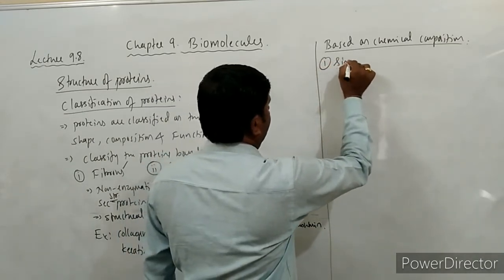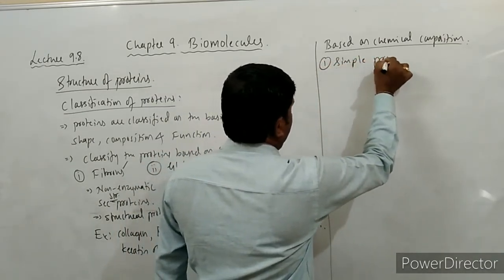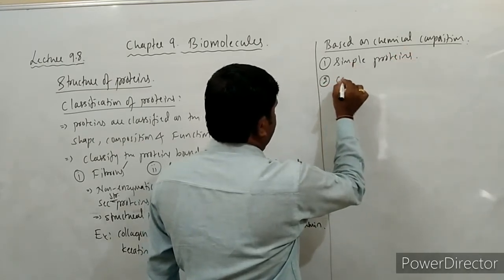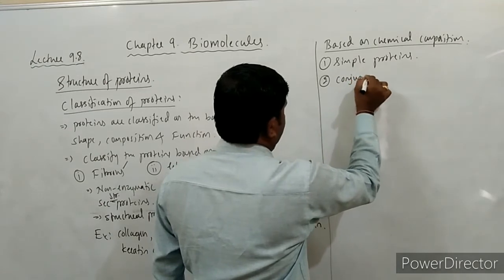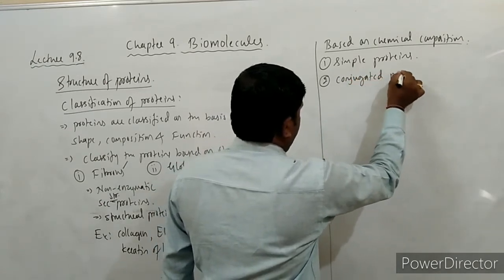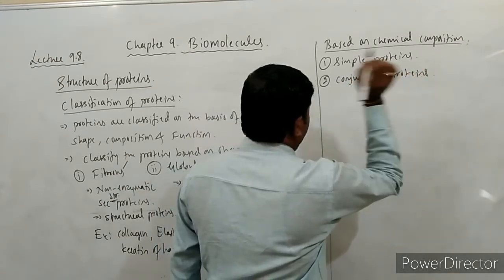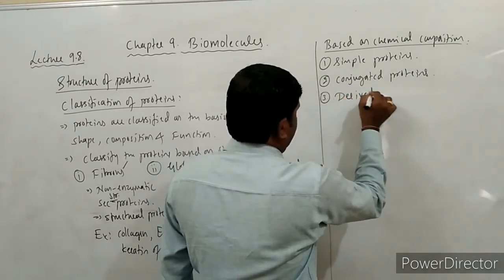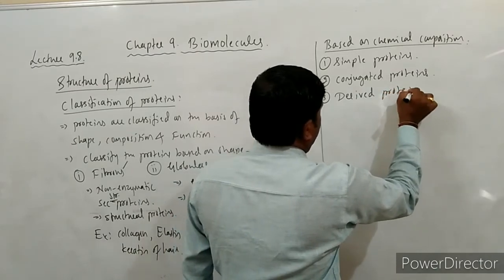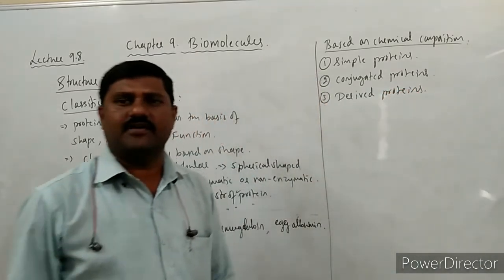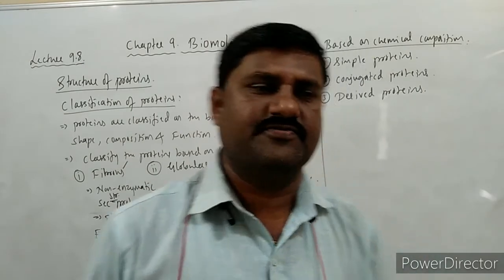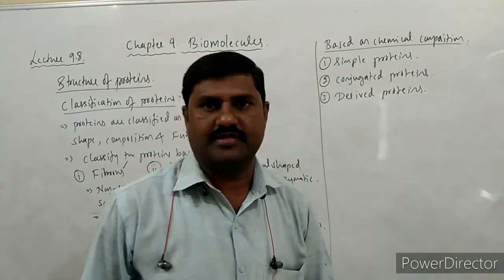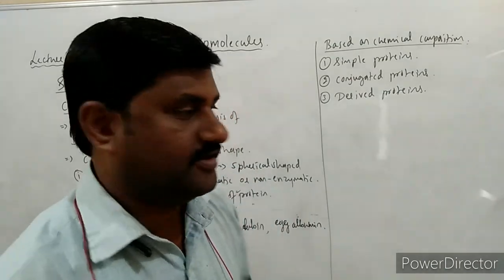They are simple proteins, second one is conjugated proteins, and third one is derived proteins. Like this, there are three different types of proteins that we come across. This way they have been classified over here.